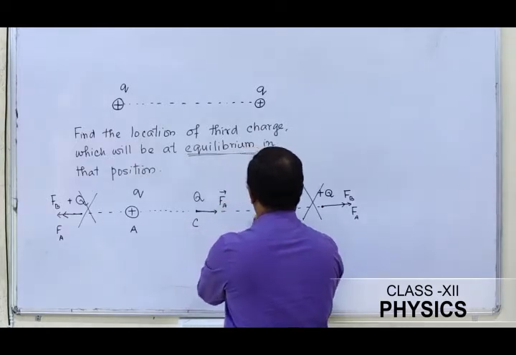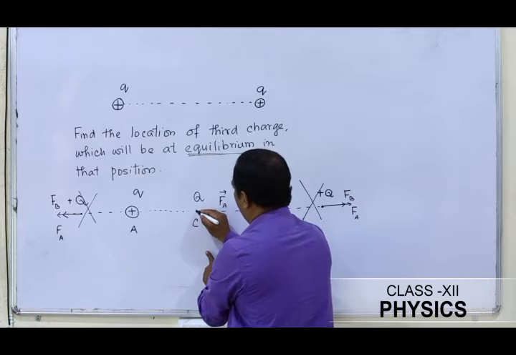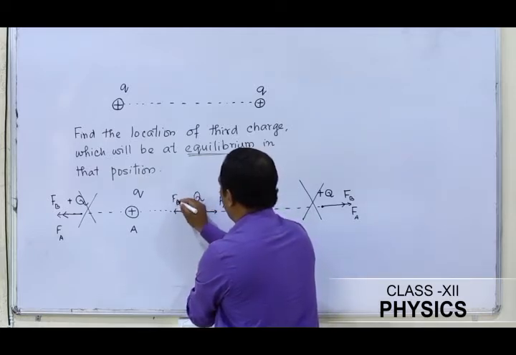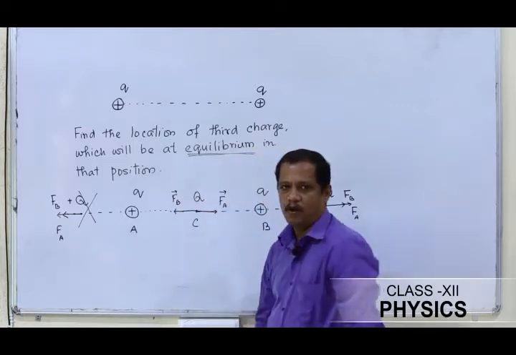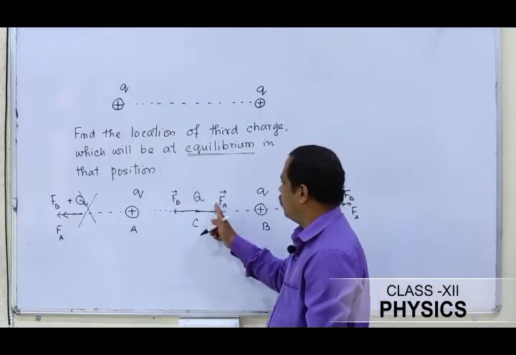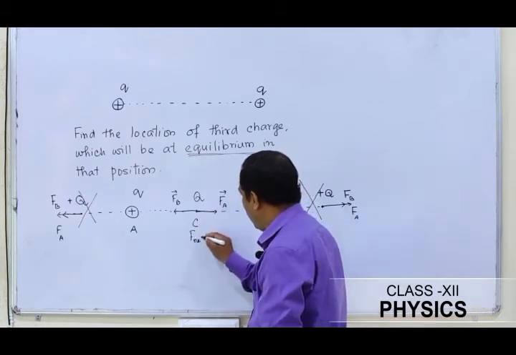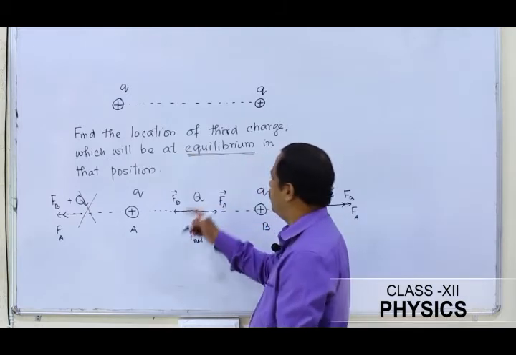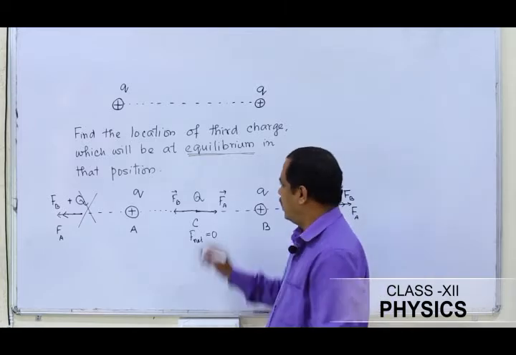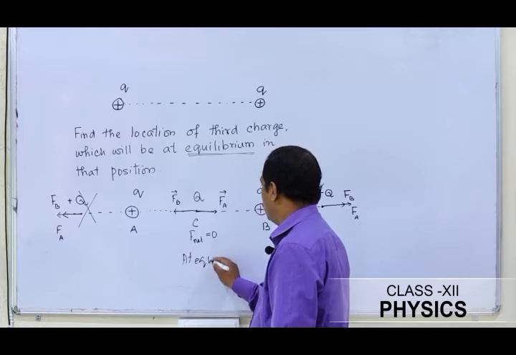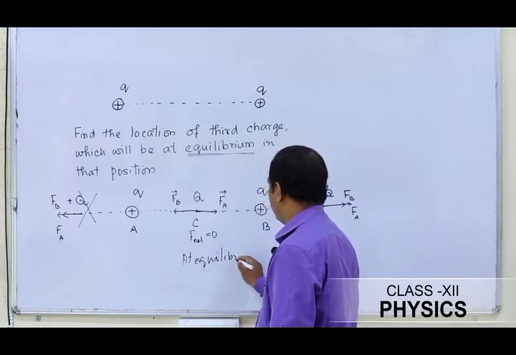And then the charge at B will exert a repulsive force in this direction, and I see that these two forces are equal and opposite. When the two forces are equal and opposite, the net force the charge is going to experience is 0. And therefore, we say this charge is at equilibrium. This charge is at equilibrium at C.